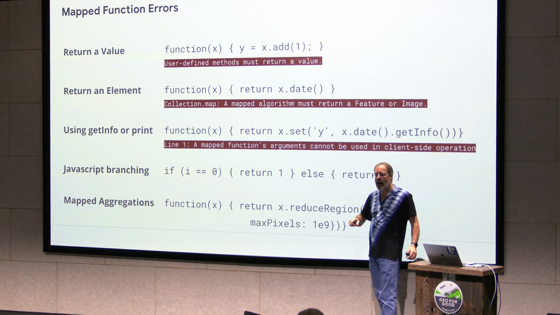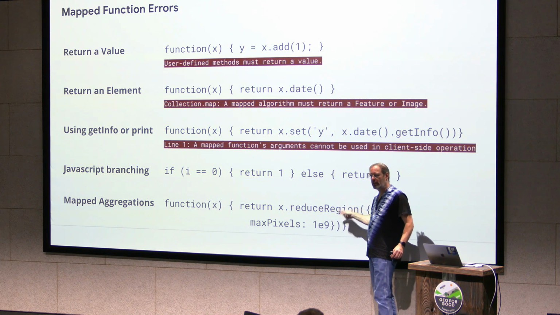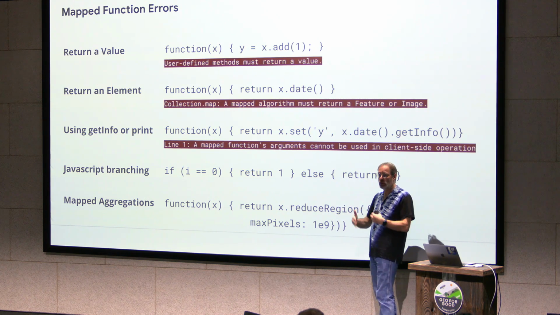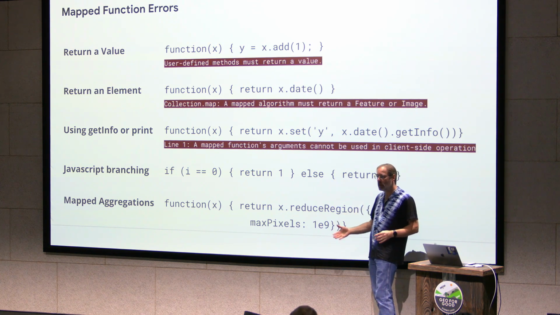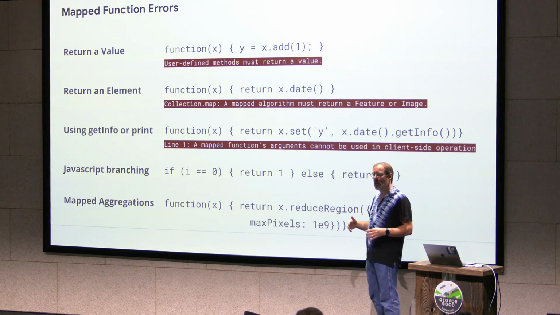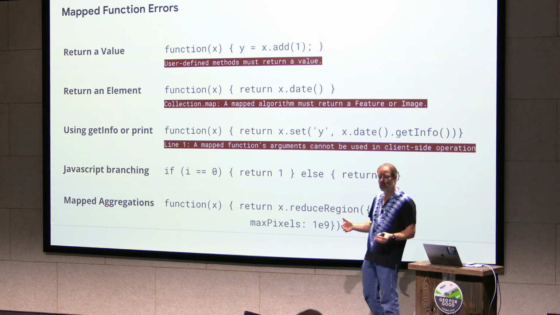You can't have 20 mappings running 20 reduced regions at the same time. They'll get throttled. It used to be an error. You'd get a too many aggregations problem. We at least fixed the error, but now it gets throttled down. So just be aware that if you're doing some kind of reduction inside your map, it can be a little slow because there's a certain amount of parallelism you get, and we won't let you explosively consume machines.